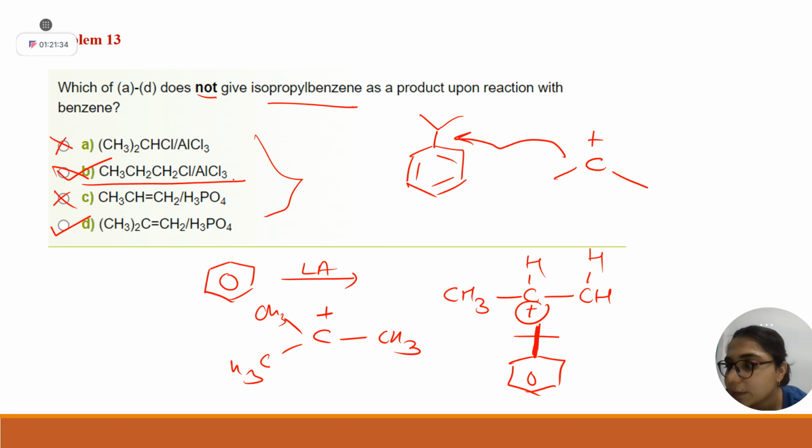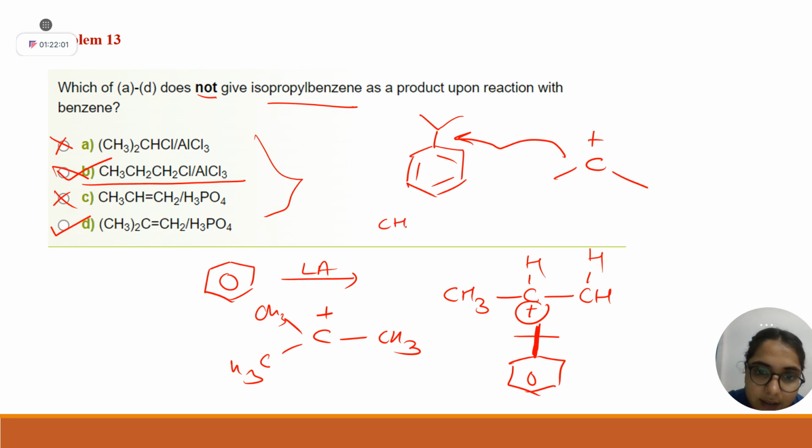Now, can anyone tell me how B can give it? First, tell me, have you understood why option D is not correct? Yes, ma'am. Speak. In option B, rearrangement can happen. Not isomerization, we would call it rearrangement.